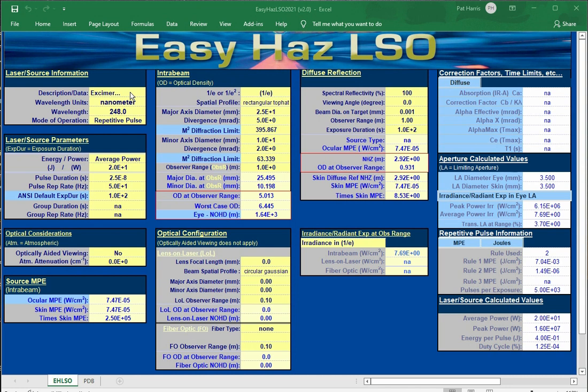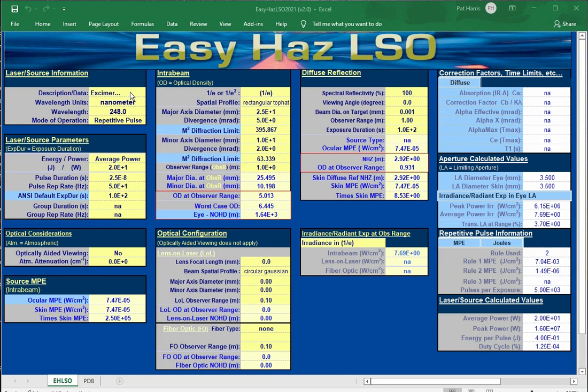Dimer being di meaning two, mer meaning part. So it's a two-part molecule. And an excimer molecule only exists in an excited state, and once it's released its energy, it falls apart again. So that's where the term excimer comes from: excited dimer.